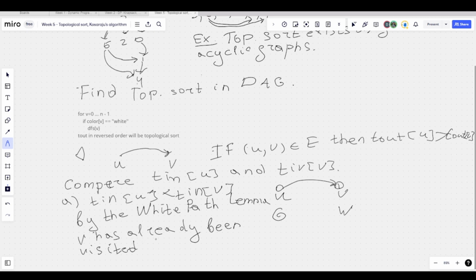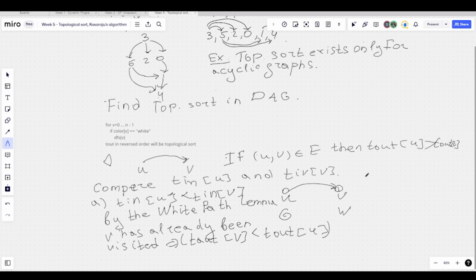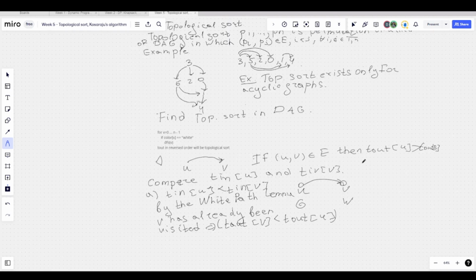So T out, our statement, holds. Okay, we just use the white path lemma.